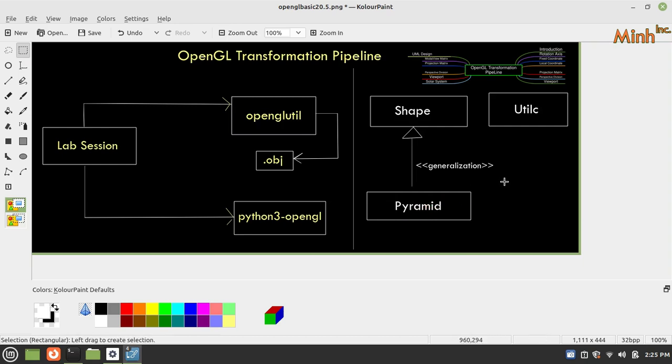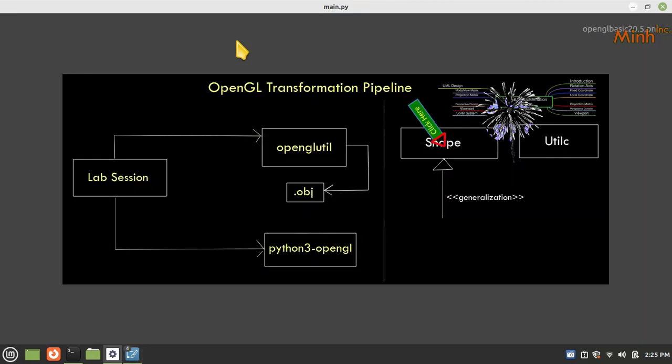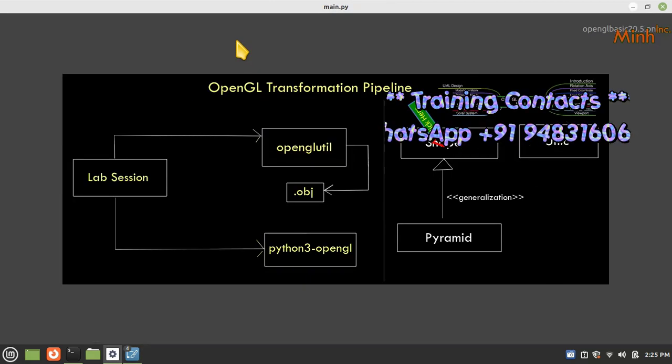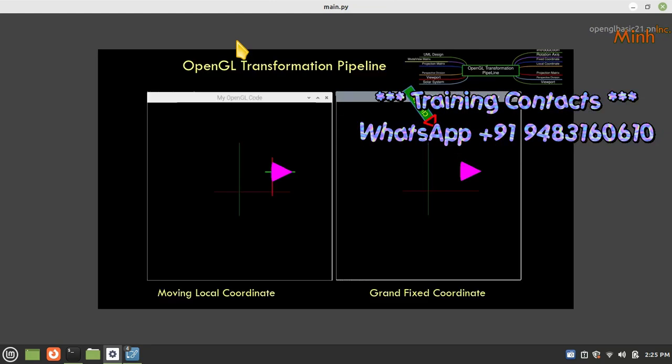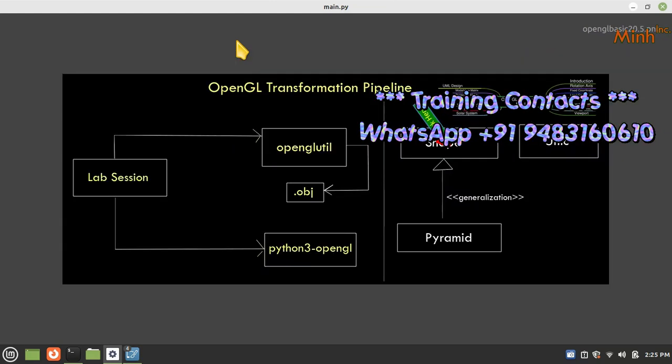Okay, so this is the idea. So these are the two classes that we showed.